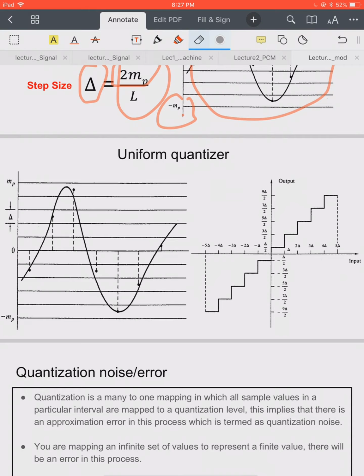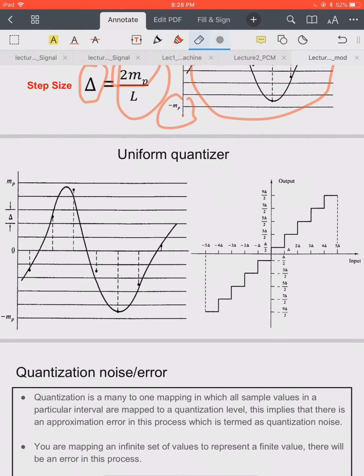If the sample value is between delta and 2 delta, it is 3 delta by 2. If it is between 2 delta and 3 delta, it is quantized as 5 delta by 2, right?